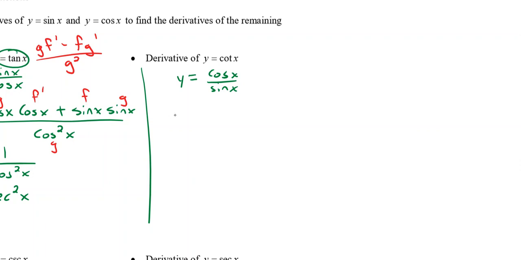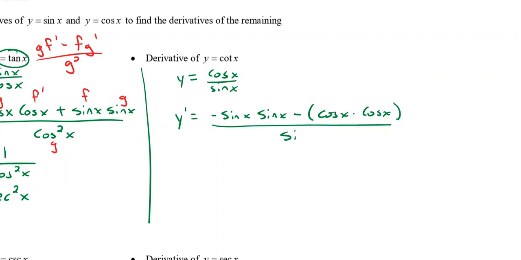Then that would become negative sine x times sine x minus cos x times cos x all over sine squared x. Now if you want to write out the quotient rule again and see if that makes sense, go for it.